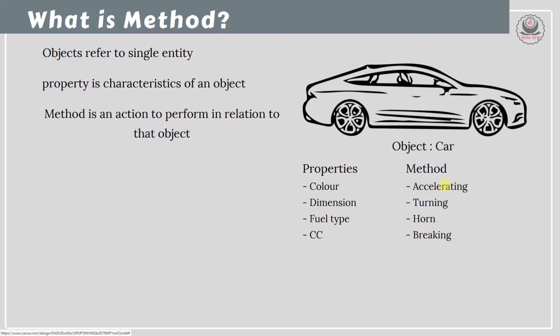If you are writing something, the writing is an action, so that is the method. And if you enter some numbers and you are incrementing it in that particular cell, this is the method. So a method is basically an action and a property is a characteristic. I hope the concepts of method, object and properties are clear.